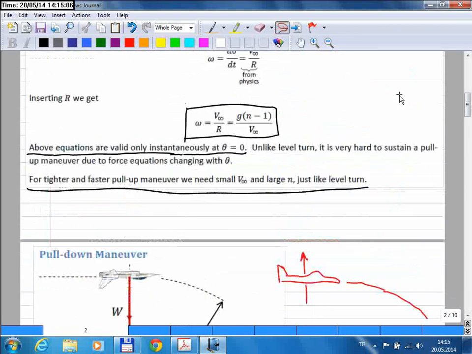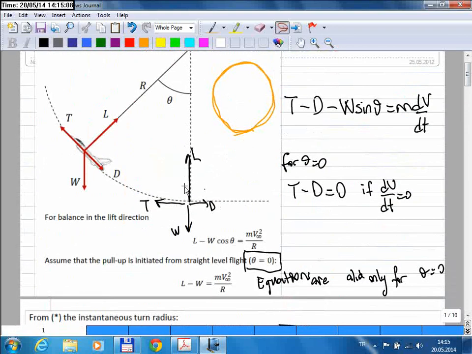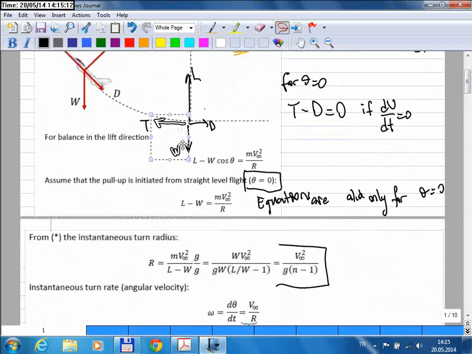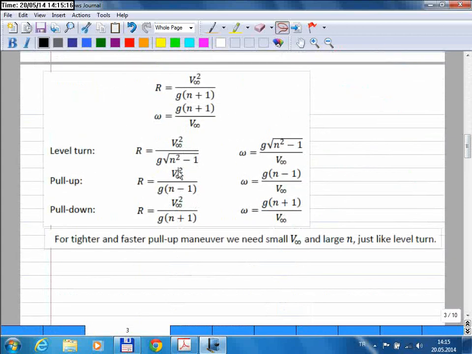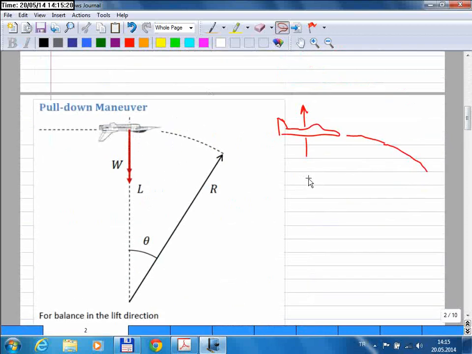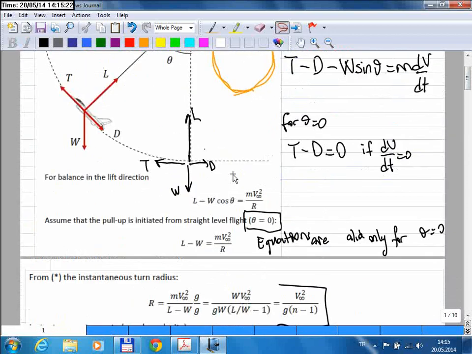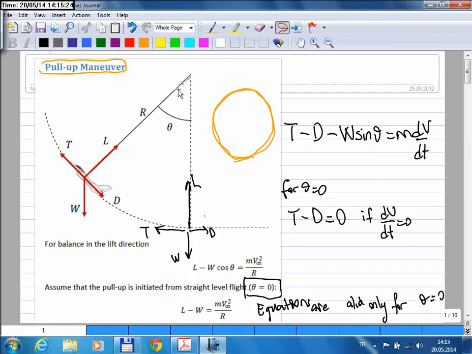For example, we only consider the beginning of the maneuver where theta is 0, and at this instance, for the radius of turn and for the angular rate, we have these 2 equations. But when you come to the middle of the maneuver, when theta is equal to 45 degrees, for example, then those equations are not valid anymore. But in this course, we don't really care about that.